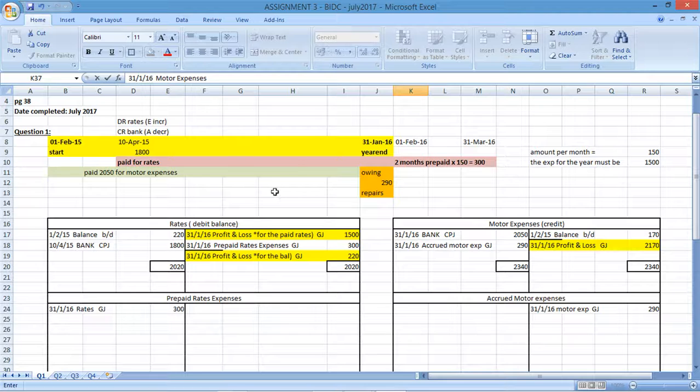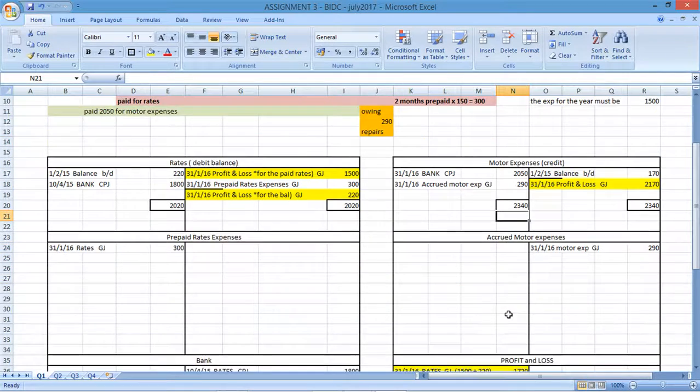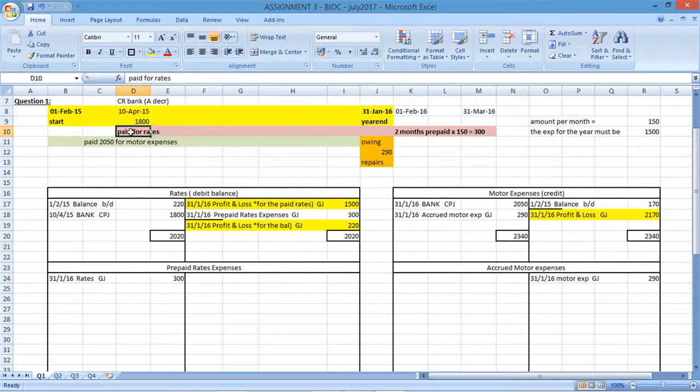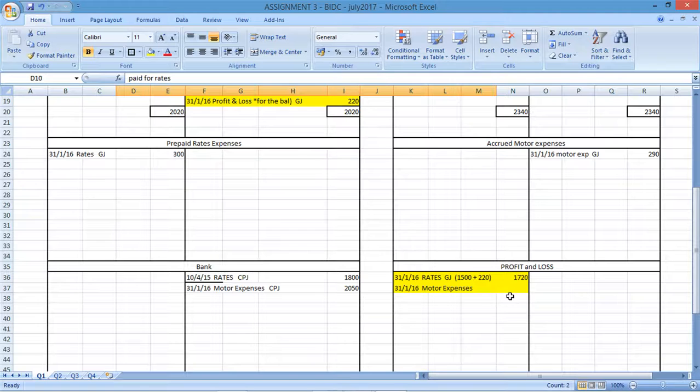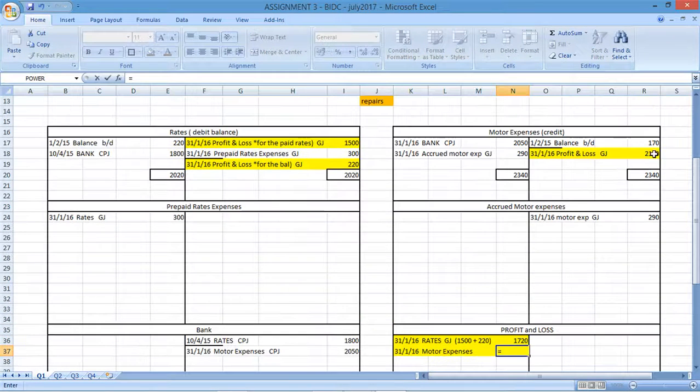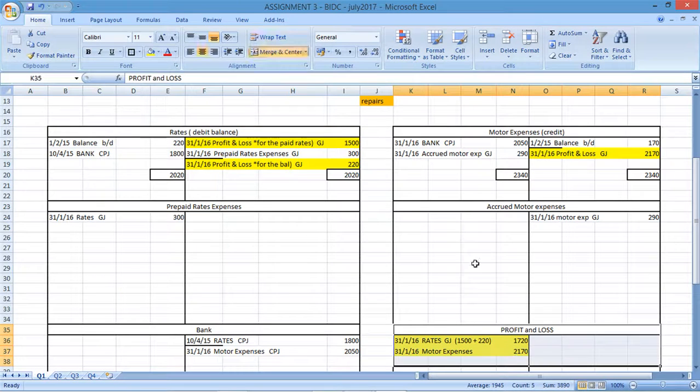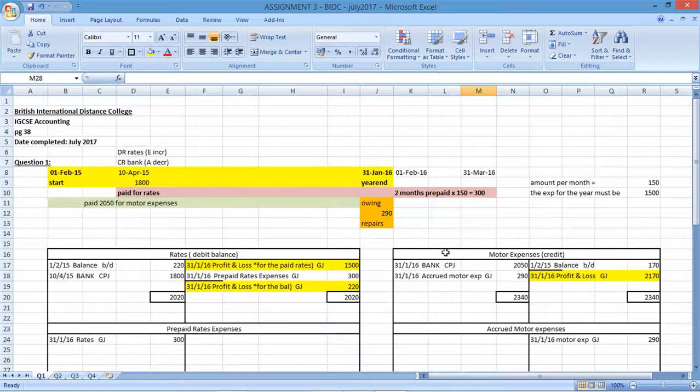I showed the split earlier. This one's not as bad because you're just showing one amount that is short an amount, so it's an additional amount that you're adding. So you wouldn't really split it like we did earlier when we had a prepaid expense. So the motor expenses will equal that amount there. And that'll be the motor expense that you would show in your profit and loss account.